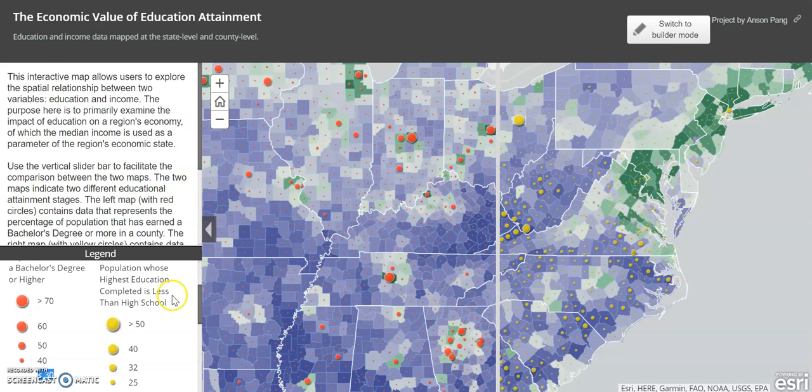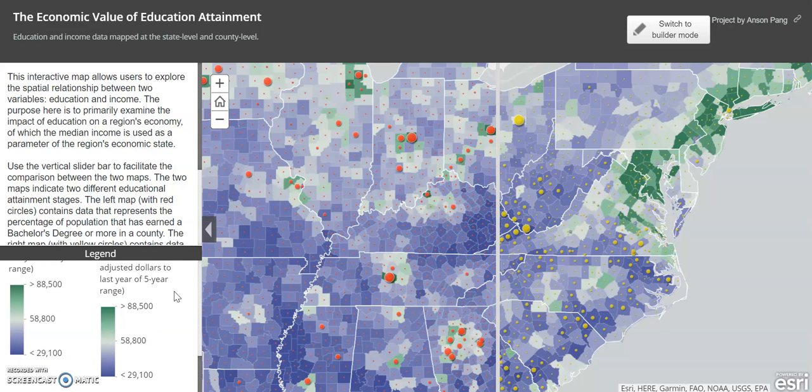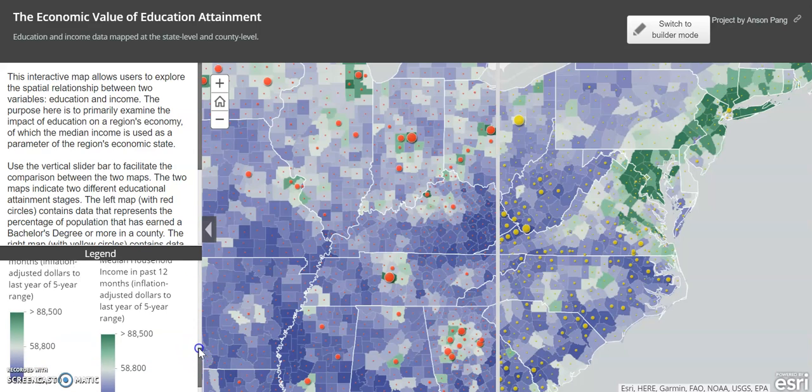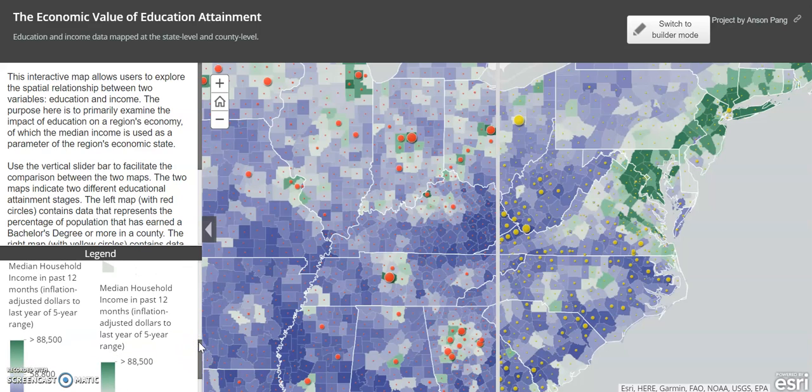So, again, I want to see the relationship between economic and education metrics, and with the economic metric, I've used median income of a county to represent the region's general economic state, and it is represented by the polygons in this map.